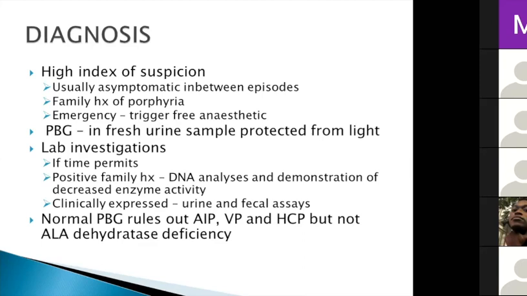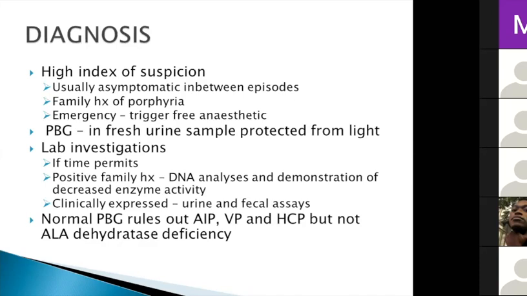For generations, the family may be asymptomatic. So if the case is so urgent, we cannot do any investigations, and there's family history of porphyria, we need to treat that patient with an anesthetic technique that is appropriate for a porphyric patient.